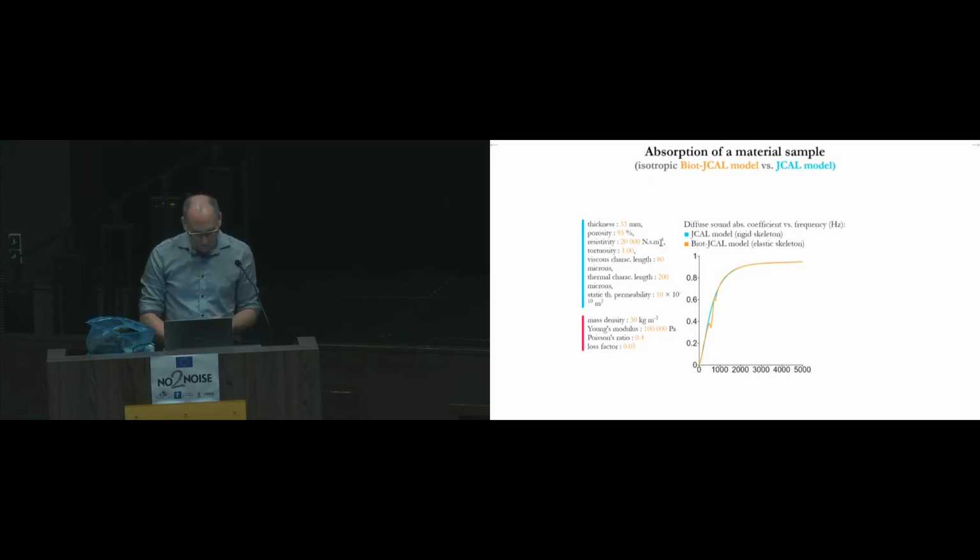Okay, so here in blue I have the parameters for the JCAL, rigid skeleton, and in red I have the parameters for the elastic skeleton. Okay, so it's the mass density, Young modulus, Poisson ratio, and loss factor. Here I'm assuming that my material is isotropic, of course.